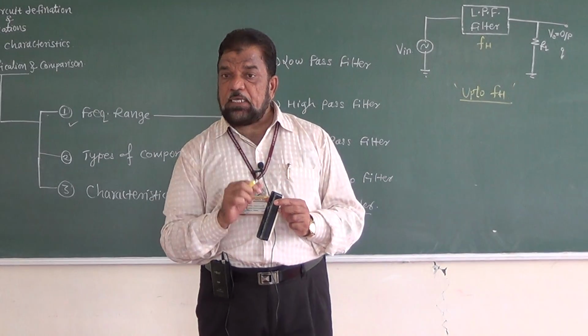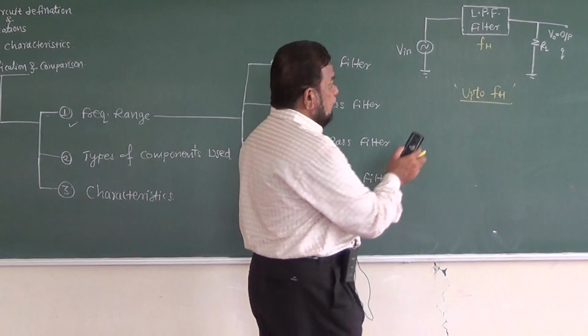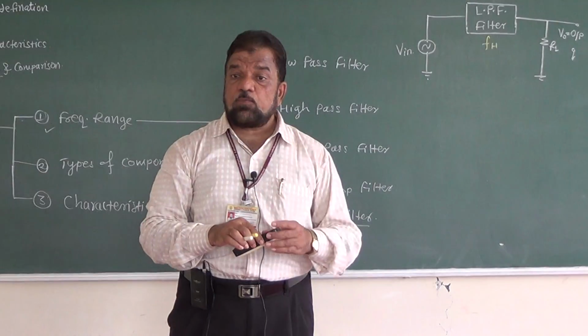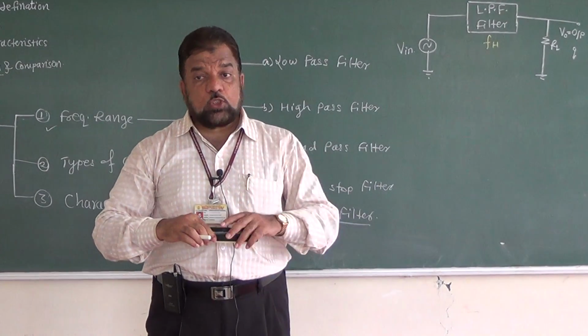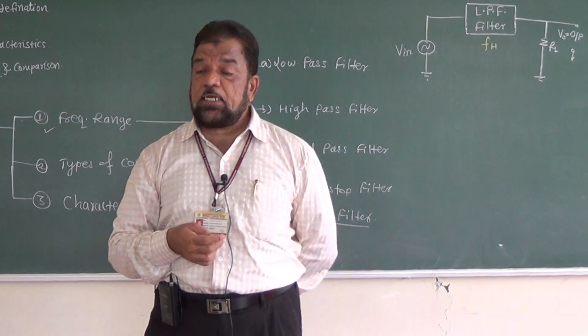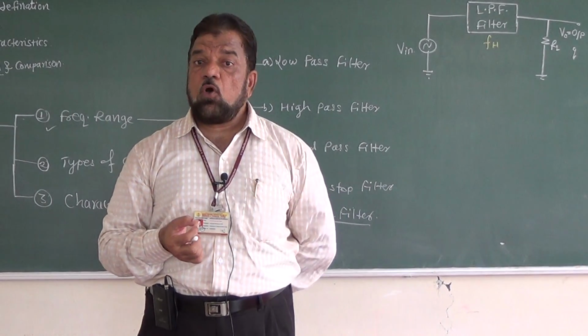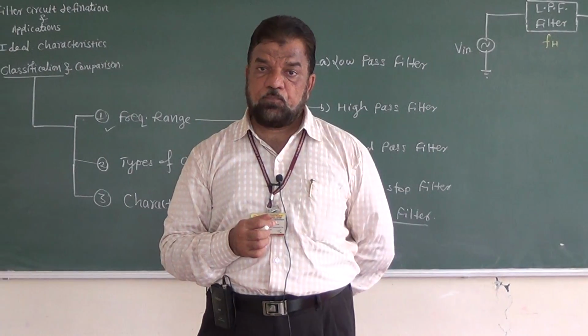So this statement I can convert into a frequency response. Frequency response, which is a very common term used in different electronic circuits, is the response of the circuit for different frequencies.